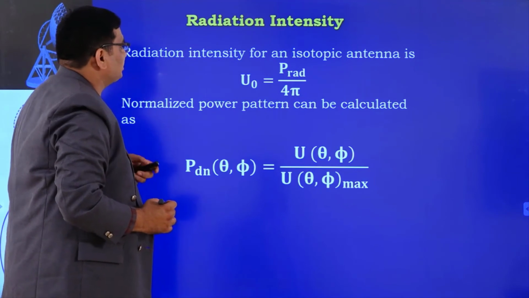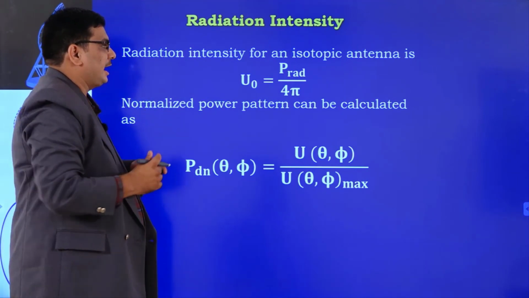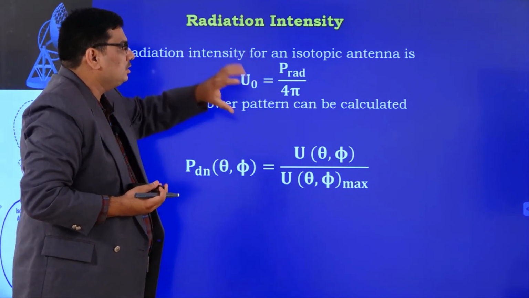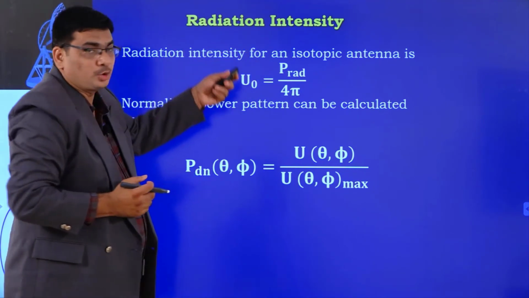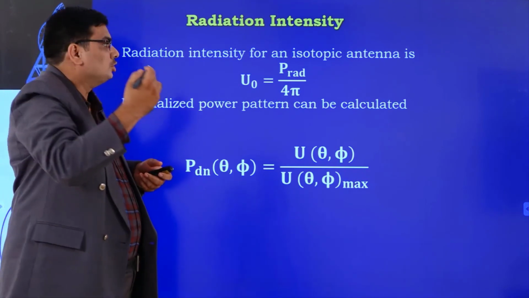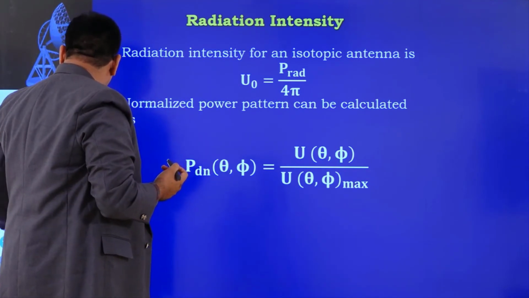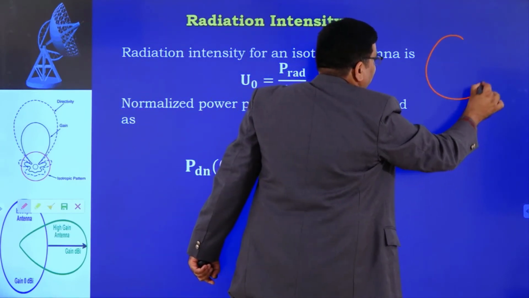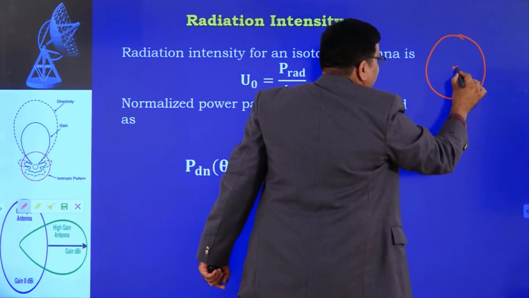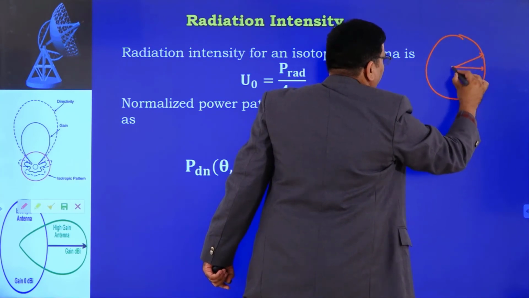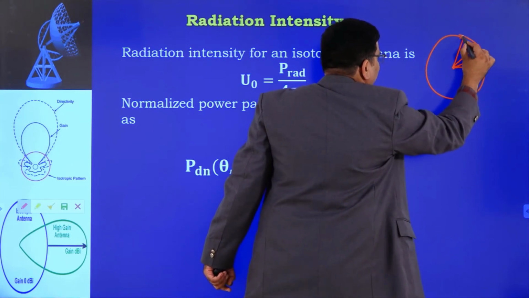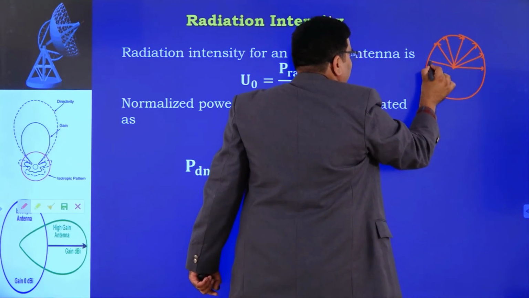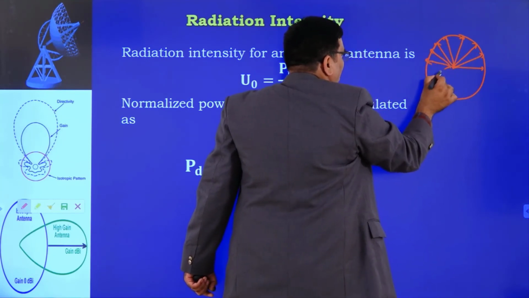So this is the radiation intensity for an isotropic antenna. U naught is equal to the power radiated by the entire sphere, because for an isotropic antenna the radiation is in all directions, equal to 360 degrees. This is the property of an isotropic antenna: each and every point on the sphere should be equal. Whatever power is radiated in one direction must be matched in all the directions.